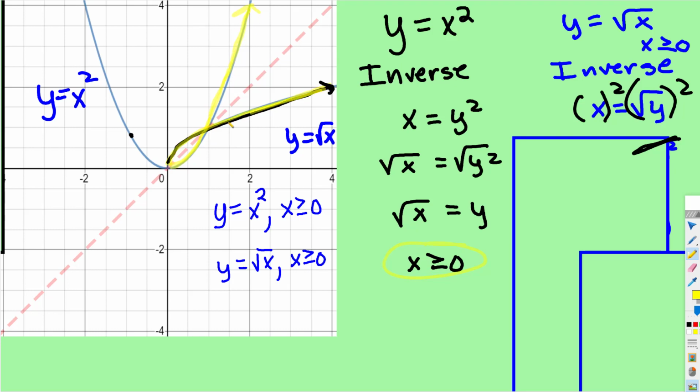And then look at graphically, if you look at that red dashed diagonal line at a 45-degree angle, if you were to fold this side over onto that side, they would sit right on top of each other. So not only graphically you can see that they're inverses, but algebraically, as long as you restrict the domain, you can see how x squared and the square root of x are inverses of each other.